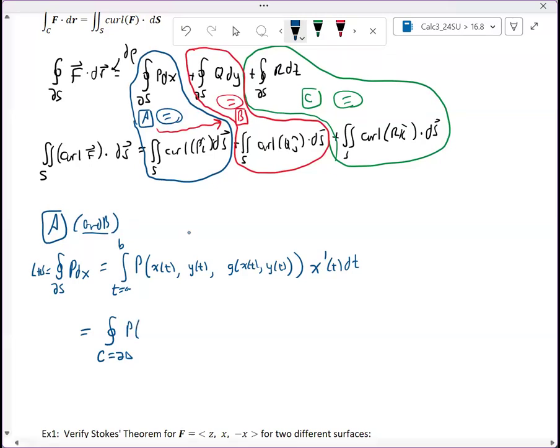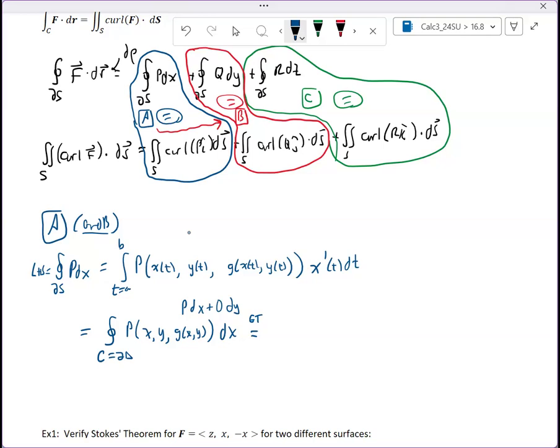And this would be P of x comma y comma g of xy dx. And this is kind of like the integral of p dx plus 0 dy. But this has the form of something I can use Green's theorem on.